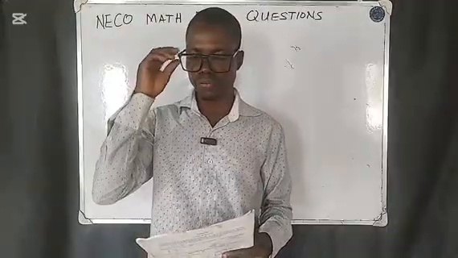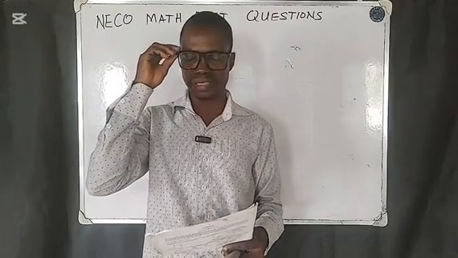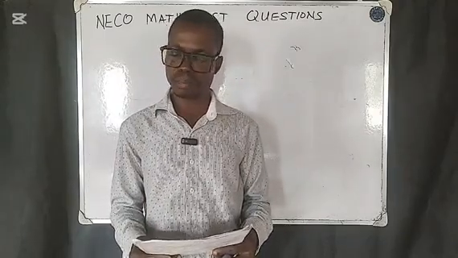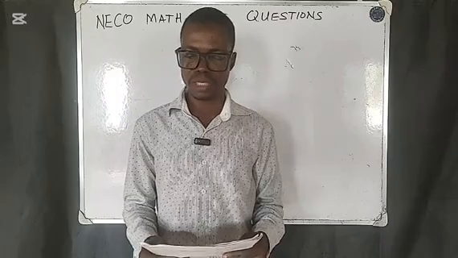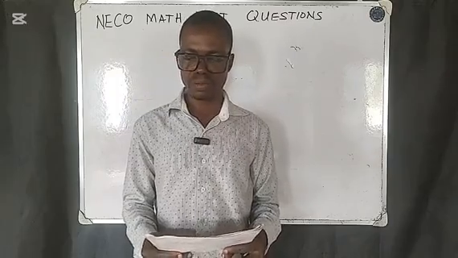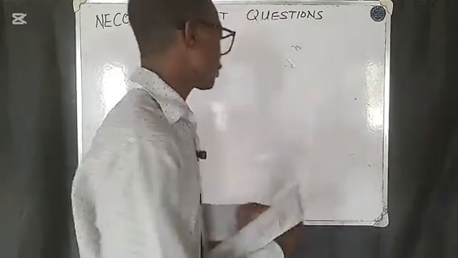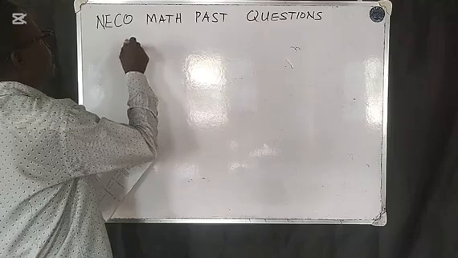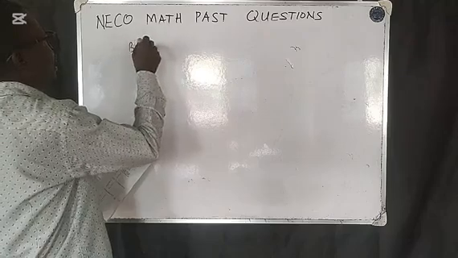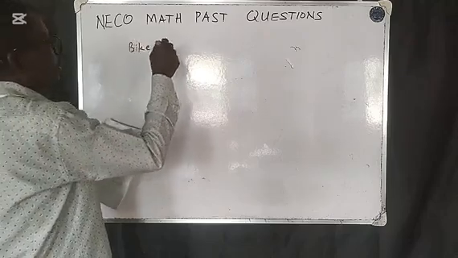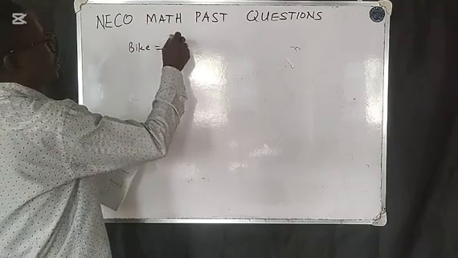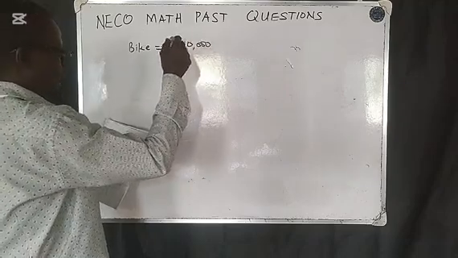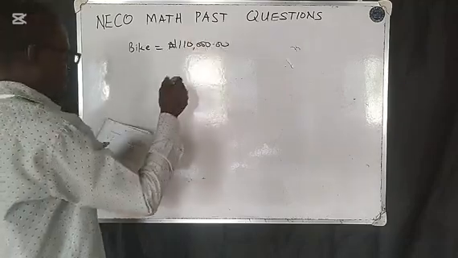The cost of a motorbike is 110,000. If the value depreciates by 10% yearly, what will be its value at the beginning of the following year? Cost of motorbike. The bike will cost, from the question, this amount, 110,000, right?